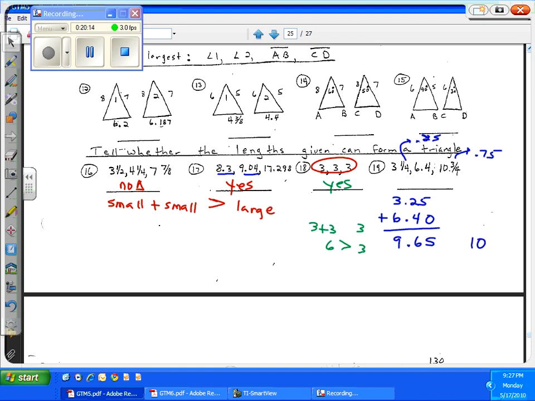And we're comparing that to 10 3/4 or 10.75. It is less than, not greater than, so this is not a triangle. Any questions on 16 through 19? To be a triangle, the sum of the smaller two sides must be greater than the length of the third side. Okay?